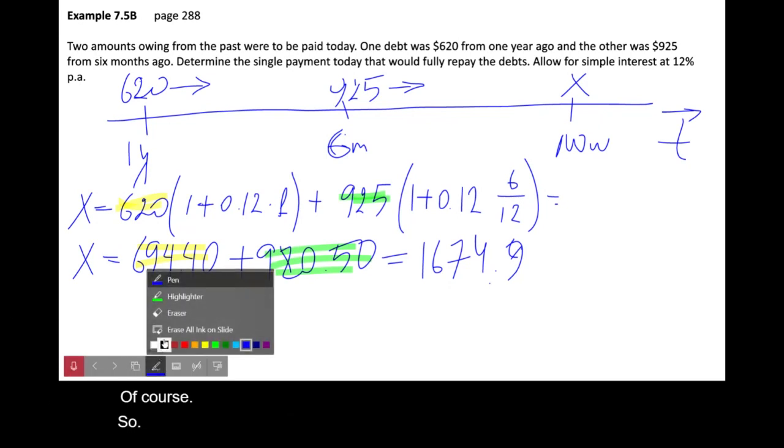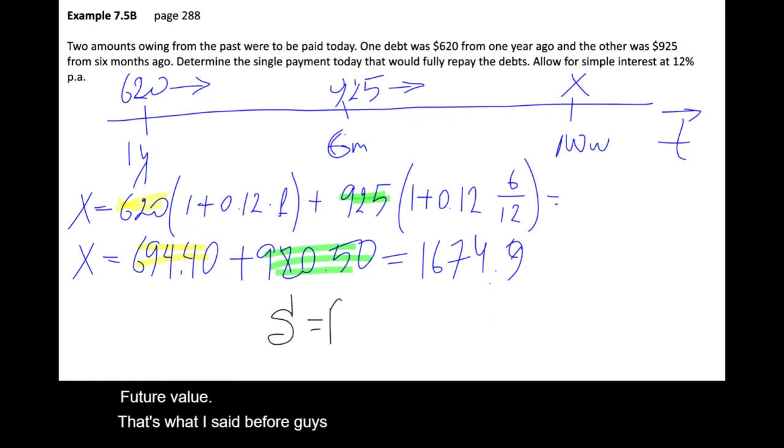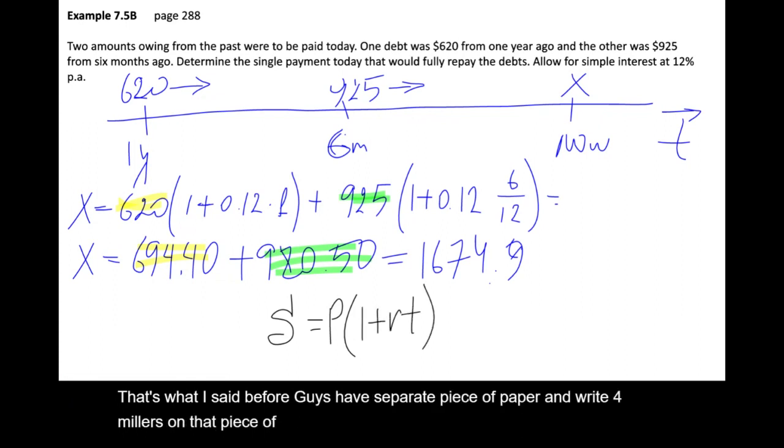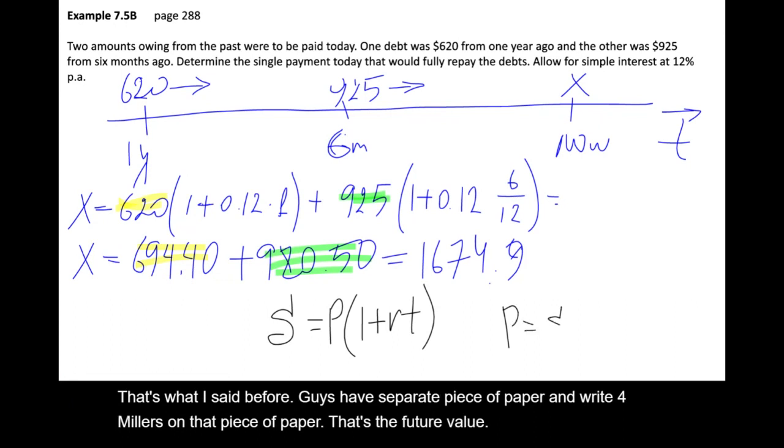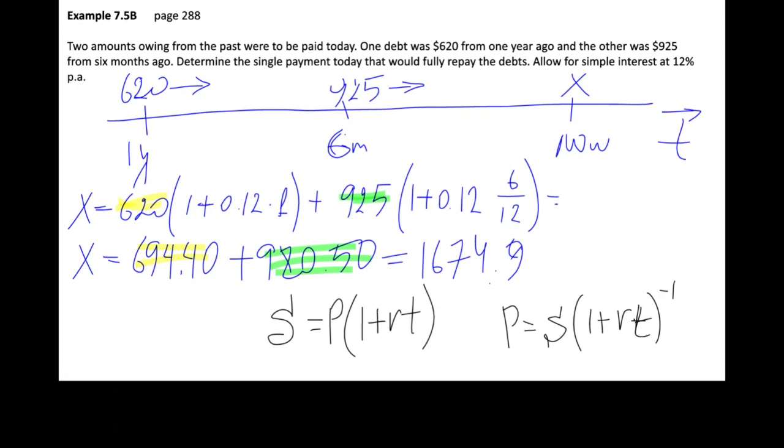So future value. That's what I said before. Guys, have a separate piece of paper and write formulas on that piece of paper. That's the future value. Present value. Okay, more questions?